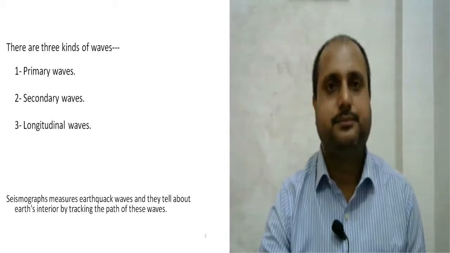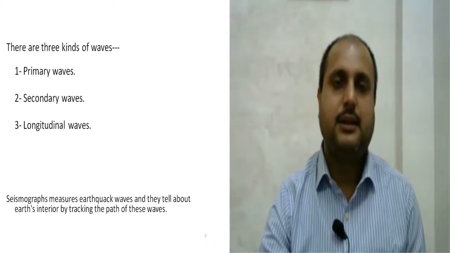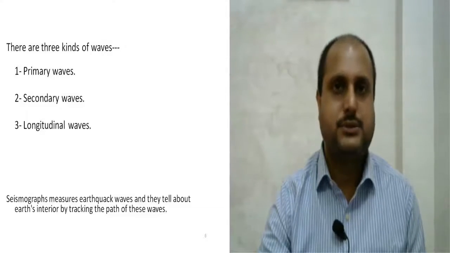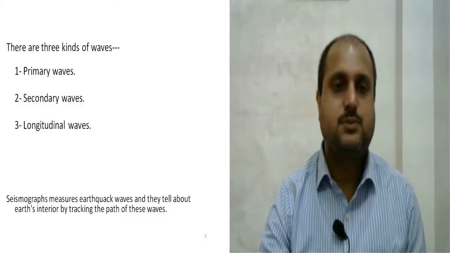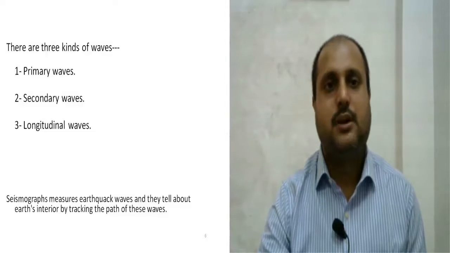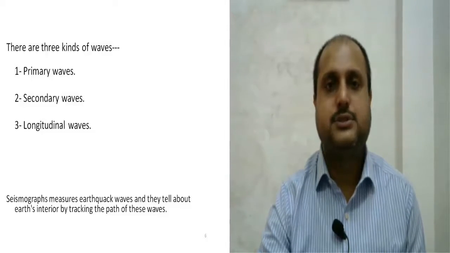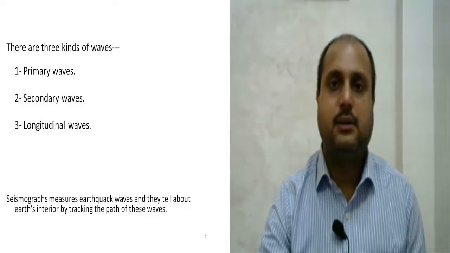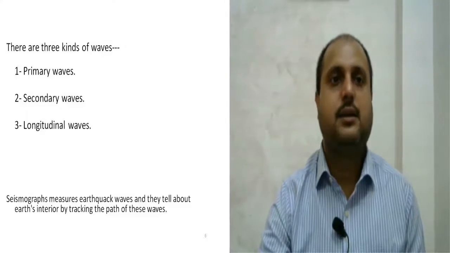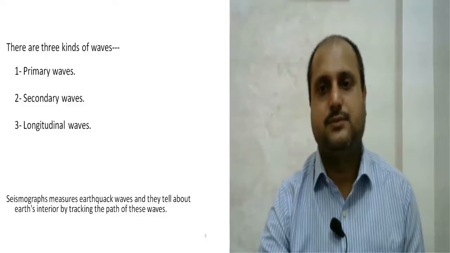There are mainly three kinds of earthquake waves, which are the primary wave, the secondary wave and the longitudinal wave. The seismograph is the machine which measures the earthquake waves, and it tells about the internal structure by tracking the path of these waves.